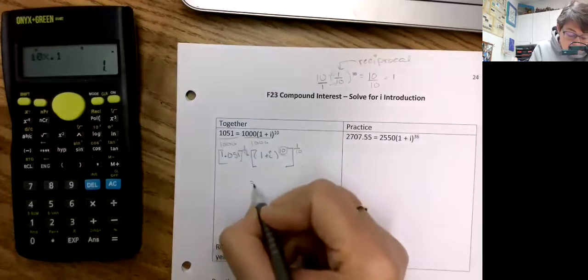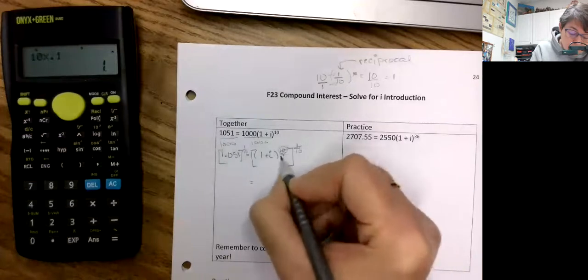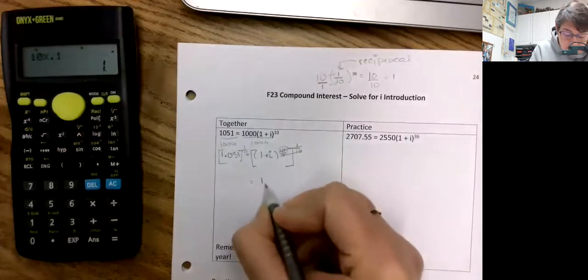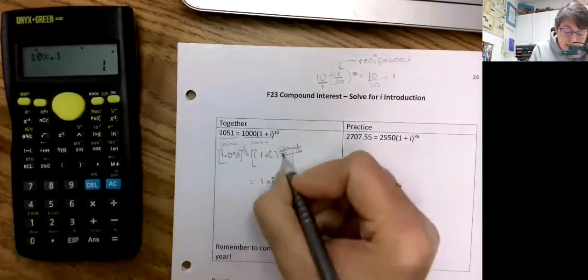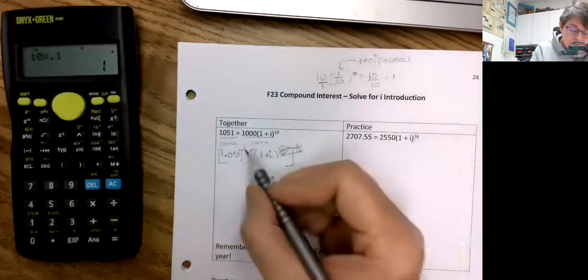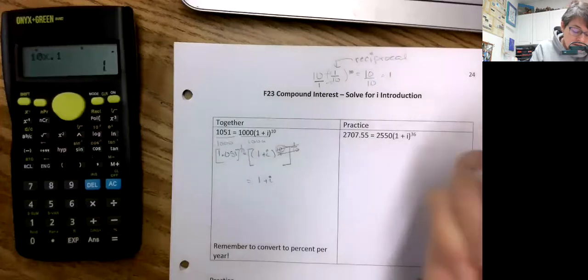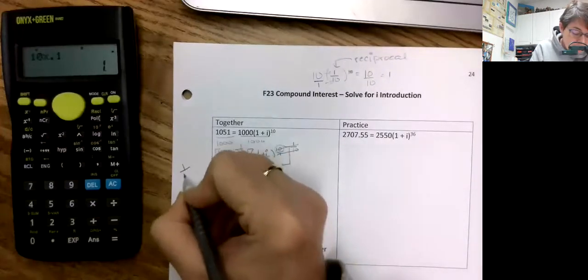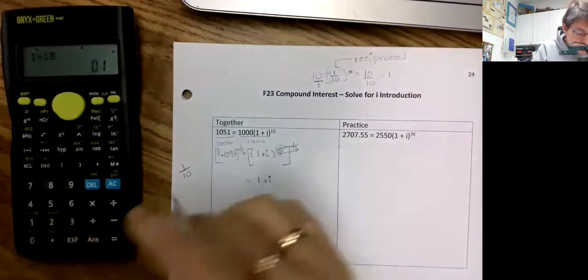Okay, so here's what happens over here. This power rule, boop, boop, that disappears, and we're left with 1 plus i, which is what we want. We got rid of the exponent. Now, this side, I'm going to make life easier. Do you remember what I said? 1 over 10 as a decimal, 1 divided by 10. You already know this, it's 0.1.